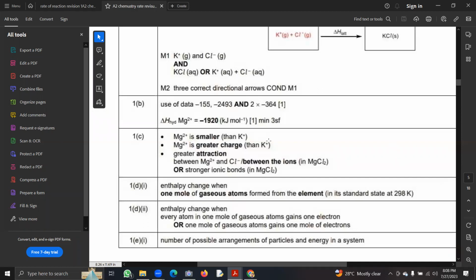Now standard state at 298 means room temperature and pressure. Say RT, room temperature and pressure. Say it like that, in standard state at 298.